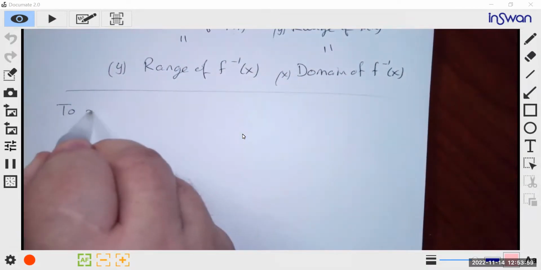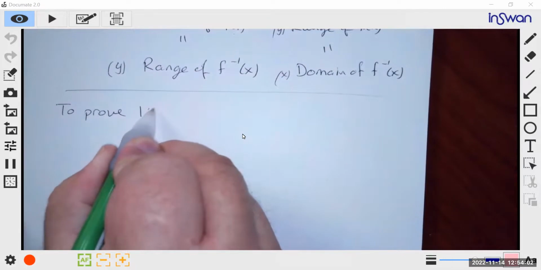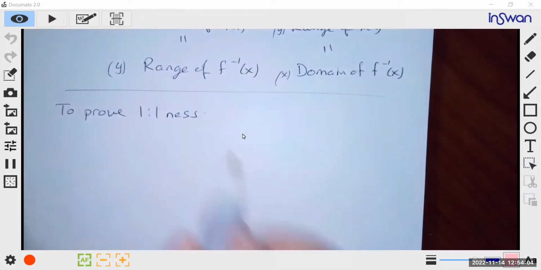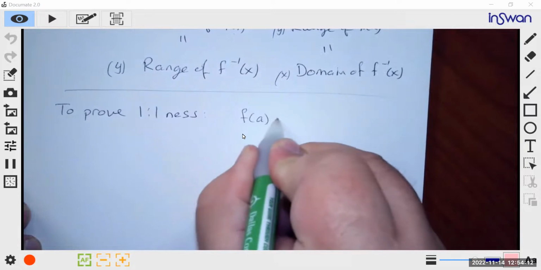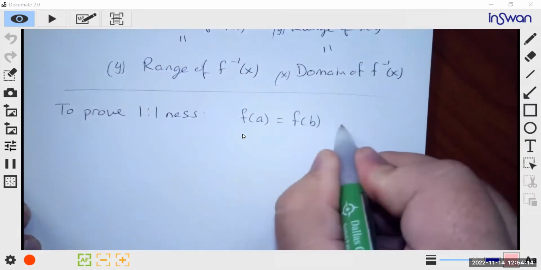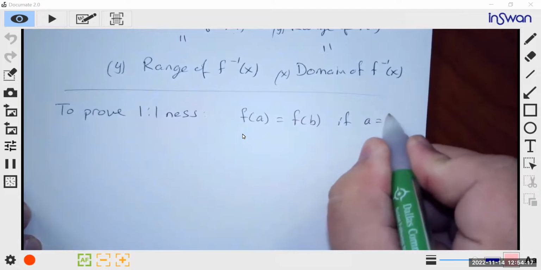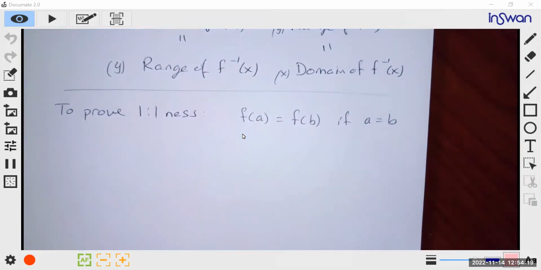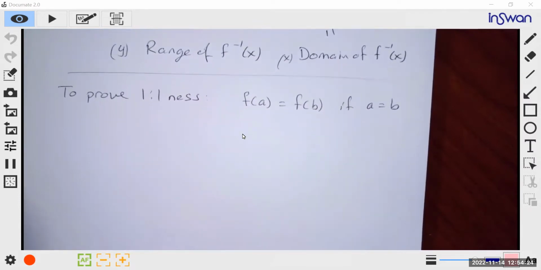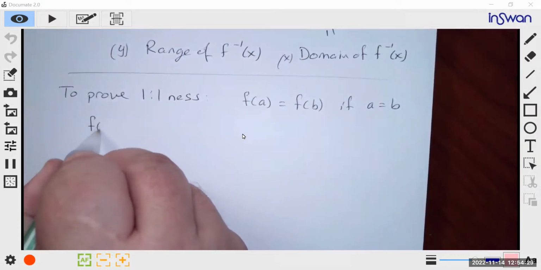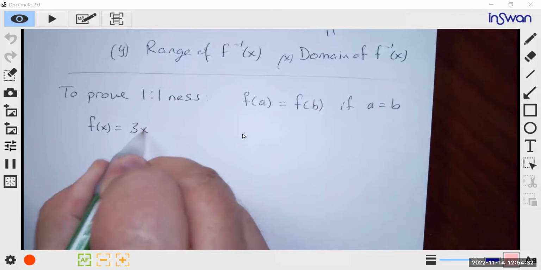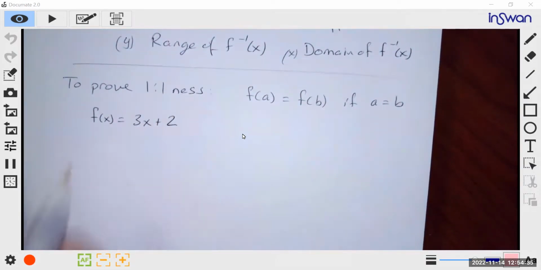Now, to prove one-to-oneness, f of A has to equal f of B if A equals B. In other words, here's an example.